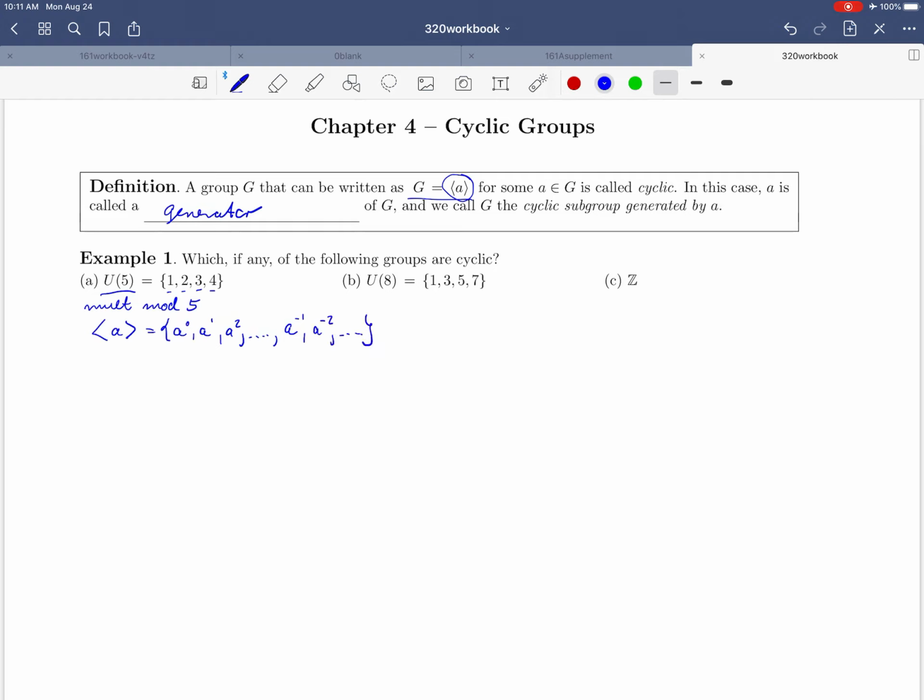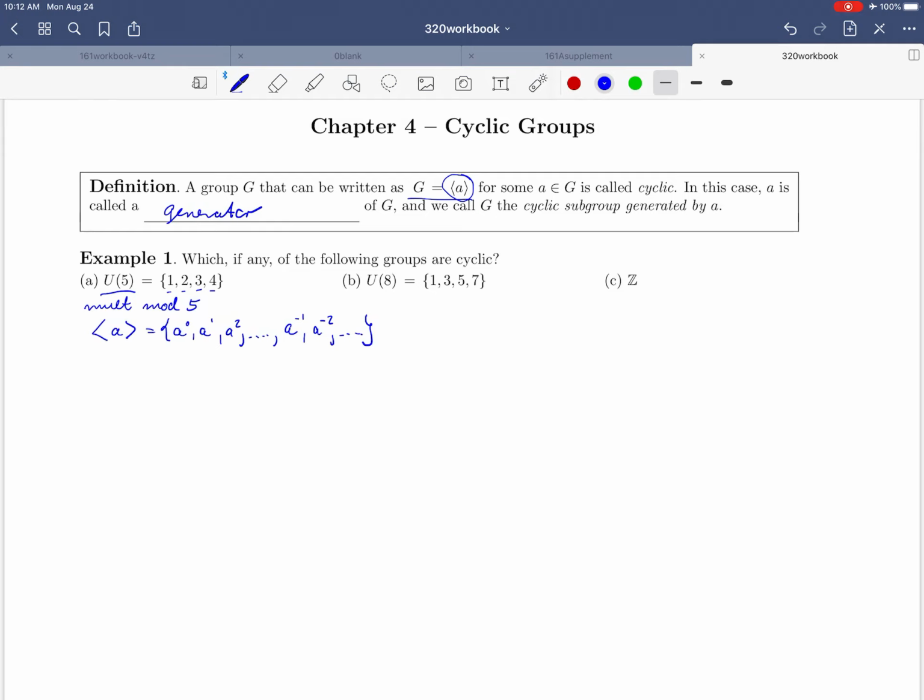So this is what this notation meant before. Taking 1 to powers is not particularly interesting. 1 is the identity element in this group U5, and if you take the identity and multiply it by itself, you just get the identity back. So we don't get much there.